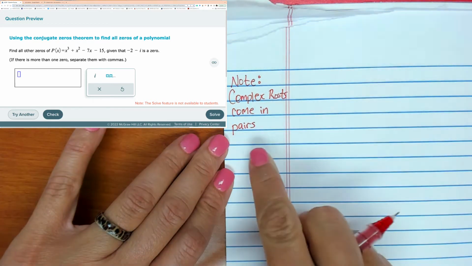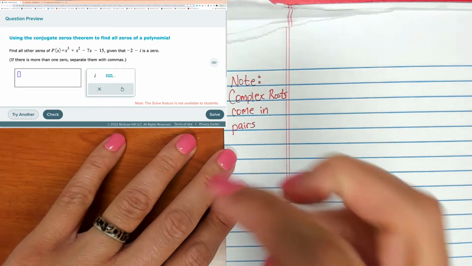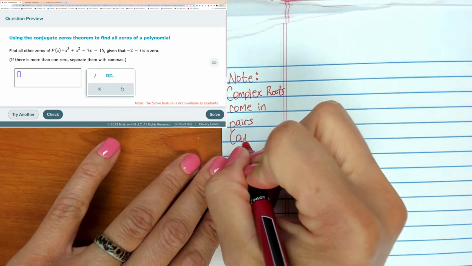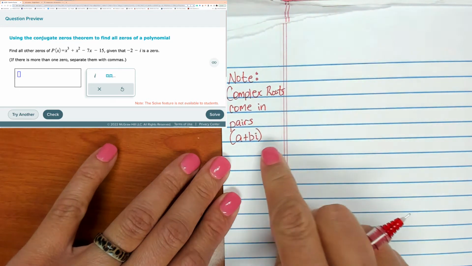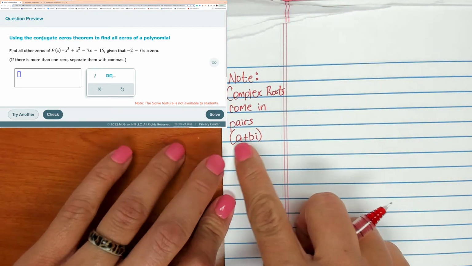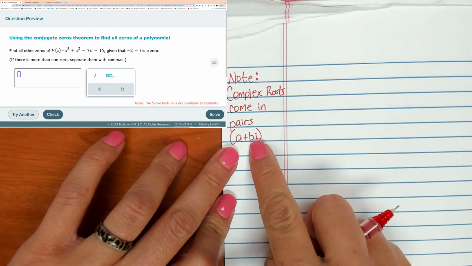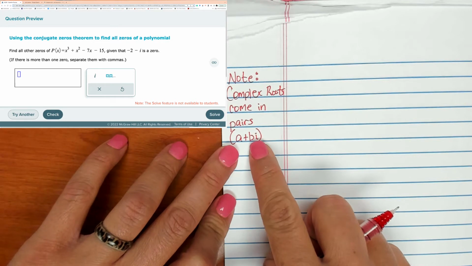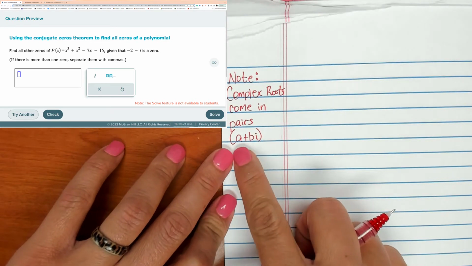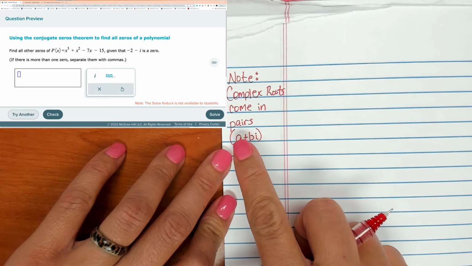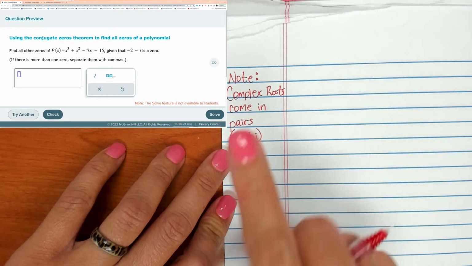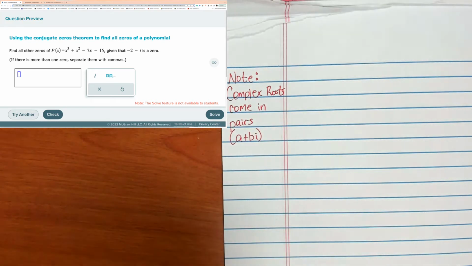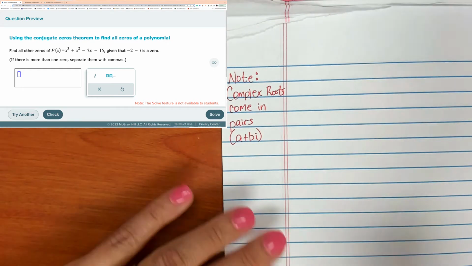And let me be specific. Complex roots that are written in the form of a plus bi, for example, where you have a real part and an imaginary part that you can see up there. So in this case, my a is my negative 2, and of course my b would be negative 1 in the case of the complex root that's provided.